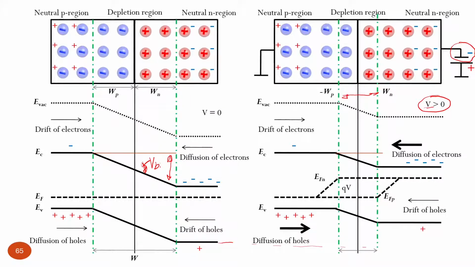Now, because of external bias, this potential difference will be q times (V_bi minus V). So we reduce the height of the potential barrier, and if we reduce this height, we cause a much larger diffusion current, which is marked here with this bold arrow, which flows through this p-n junction.